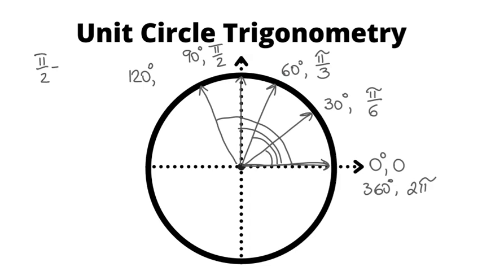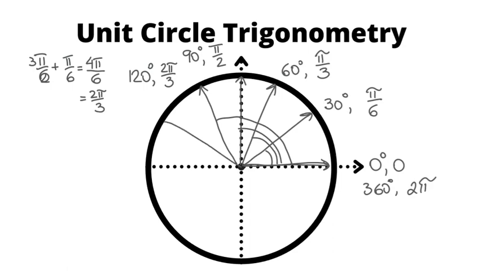Pi over 2 plus pi over 6 is equal to, with common denominator 6, 3 pi over 6 plus pi over 6, which is 4 pi over 6, or 2 pi over 3. And it is true. 60 degrees is pi over 3. 120 degrees is then 2 pi over 3.